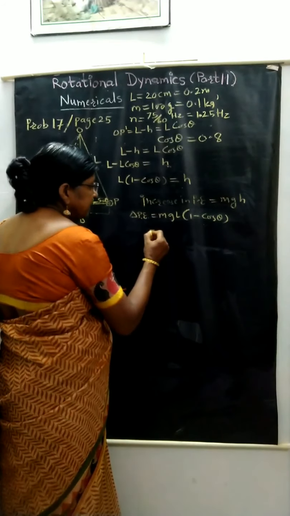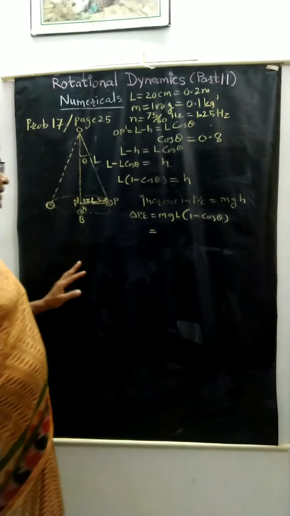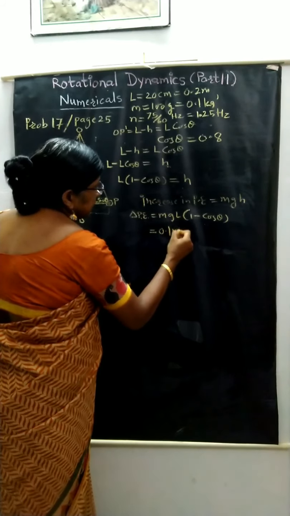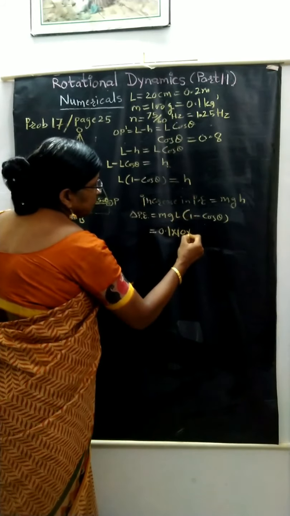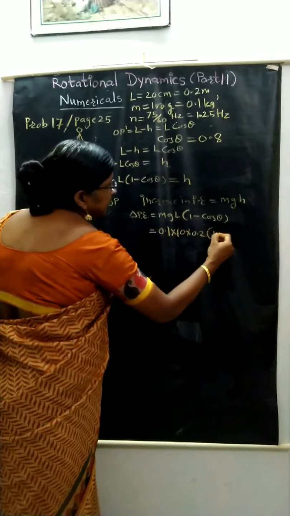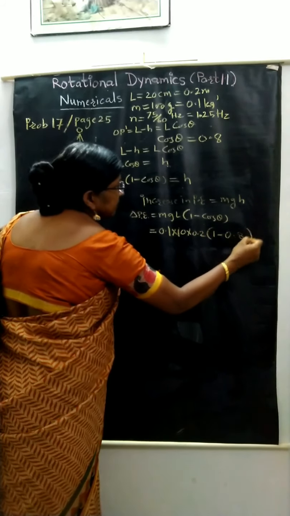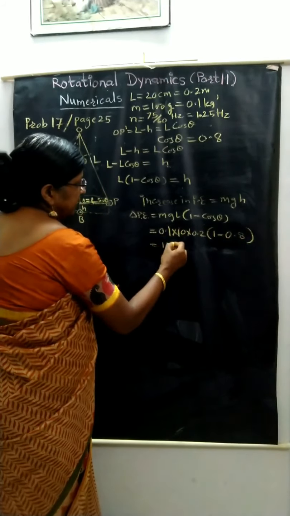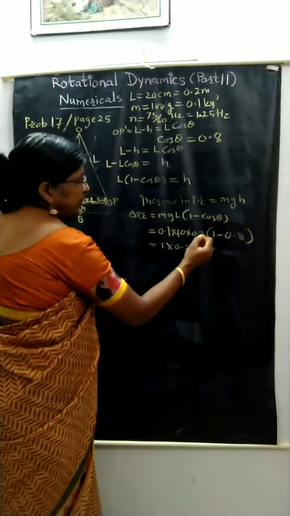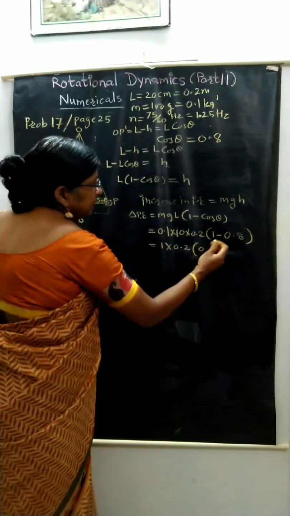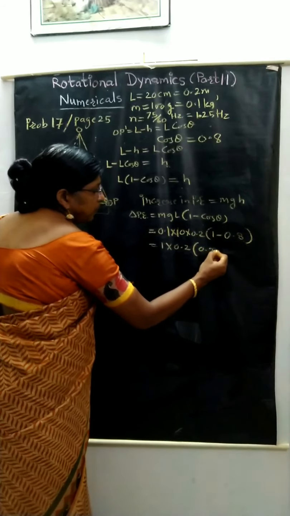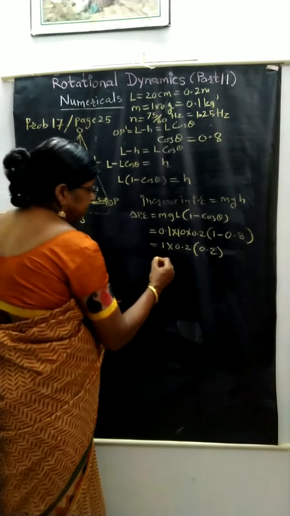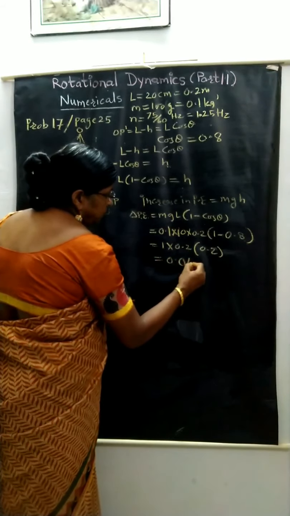Now the remaining things are substitution of values and calculation. So m is 0.1, g is 10, L is 0.2, and 1 minus cos theta is 0.8. Hmm, wait: this 10 with this 0.1 makes 1. 1 into 0.2 is 0.2. In the bracket, 1 minus 0.8 makes 0.2. So 0.2 multiplied by 0.2 gives 0.04.